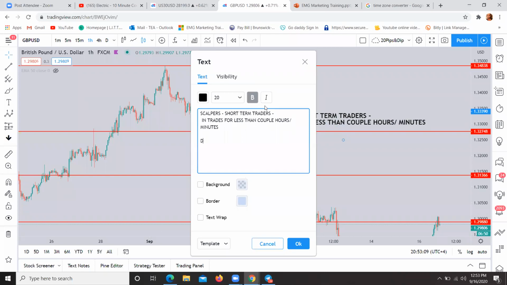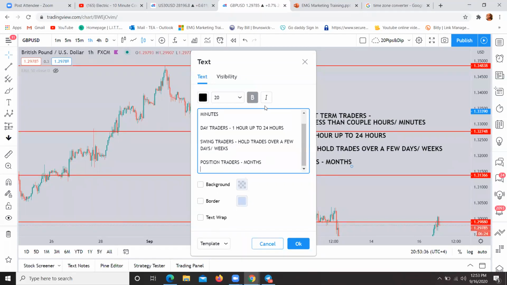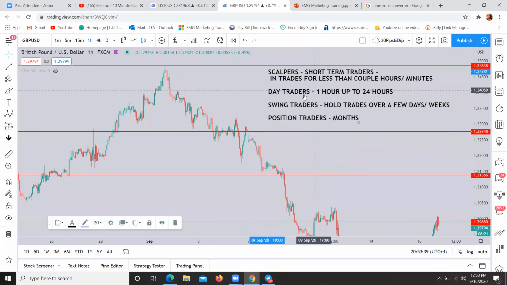Day traders can be in trades from 1 hour up to 24 hours. They're not really trading longer than that. Swing traders hold trades over a few days, sometimes weeks. Position traders hold their trades for months. It's a different type of trader that you have.